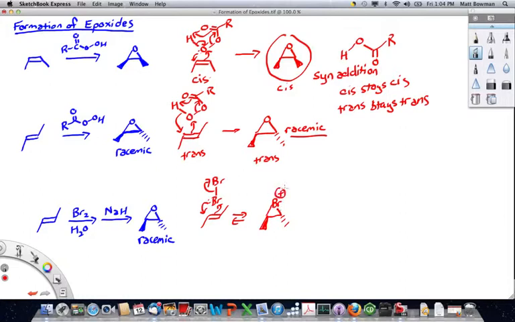And you get the bromonium ion. Now, since we're dealing with water, the water attacks.